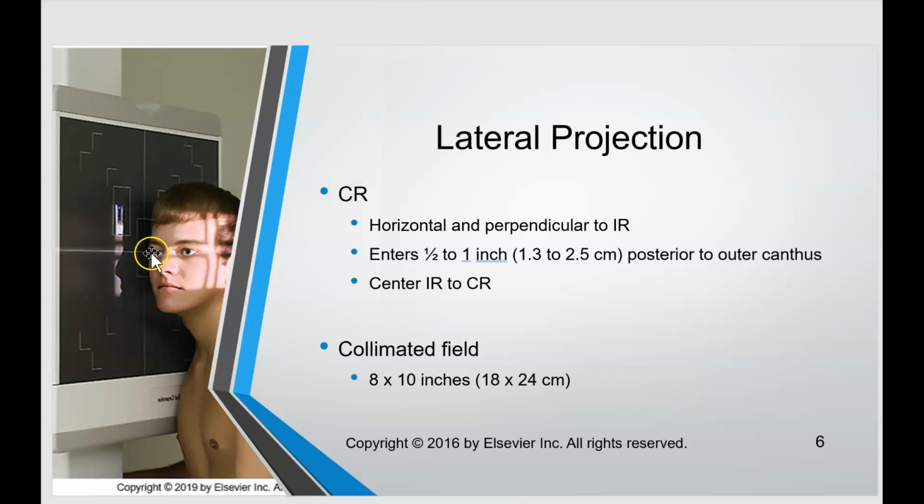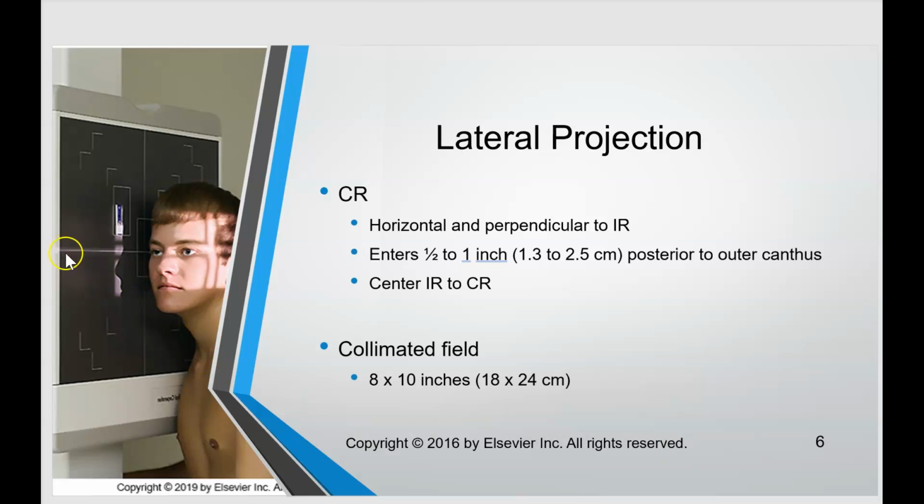So you want your IPL perpendicular, your IOML perpendicular to this front edge, and your MSP is going to be parallel. Now your central ray is going to be horizontal, no angle at all, and it's going to enter 1/2 to 1 inch posterior to the outer canthus. That should still be the halfway point from this outer edge to your EAM. That's going to ensure that you get all of the anterior and posterior portion of your sinuses.